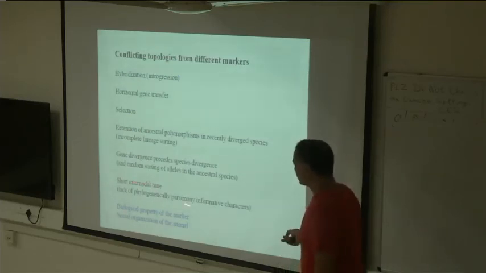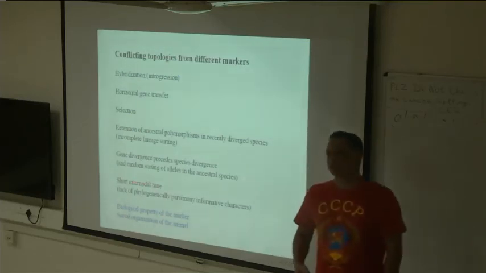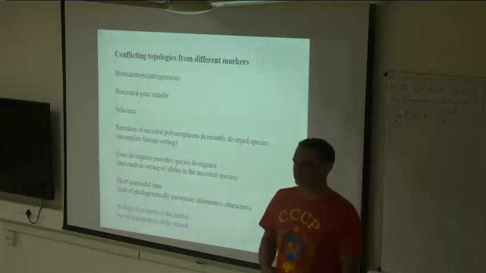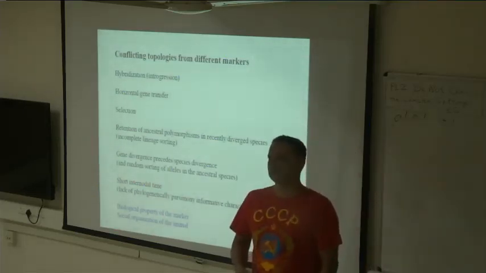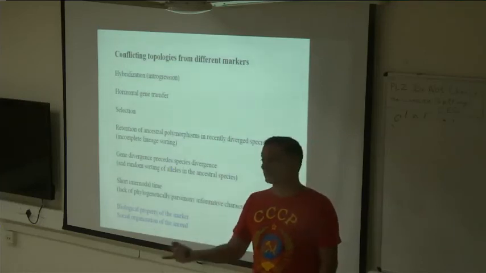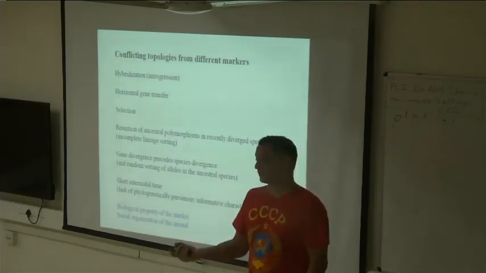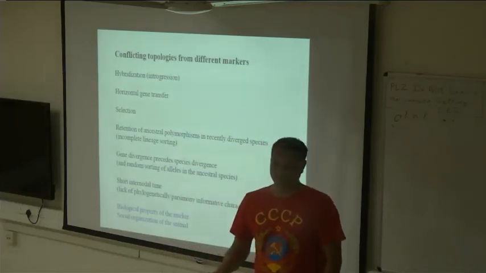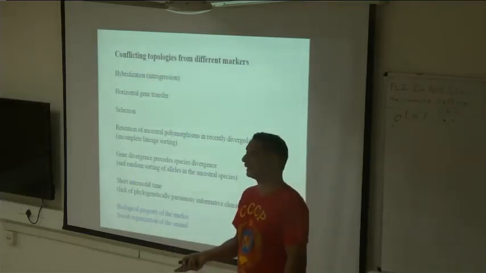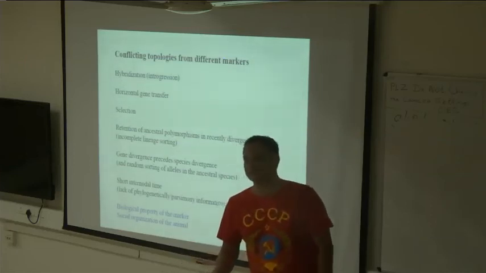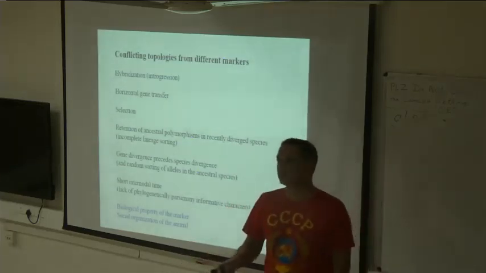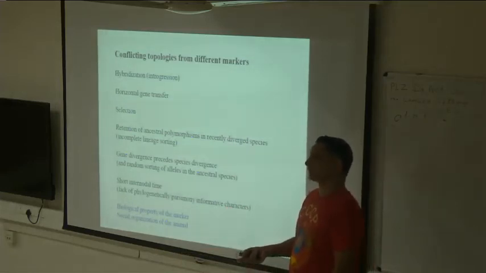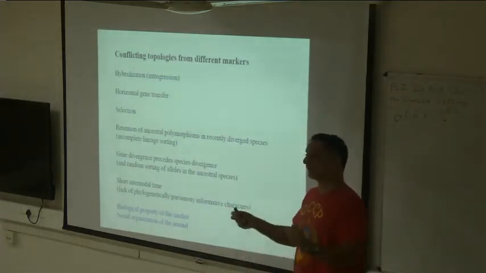And then the biological property of the marker is also important. Effective population size, the sex ratio. Sex ratio can make a huge difference, and also the mating system. Right, in groups that exhibit very high variance in reproductive success, say male reproductive success, very high variance.